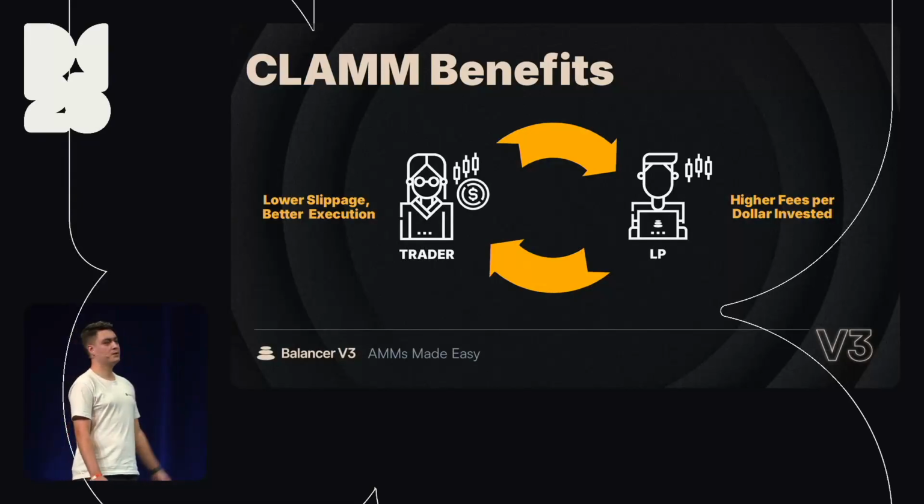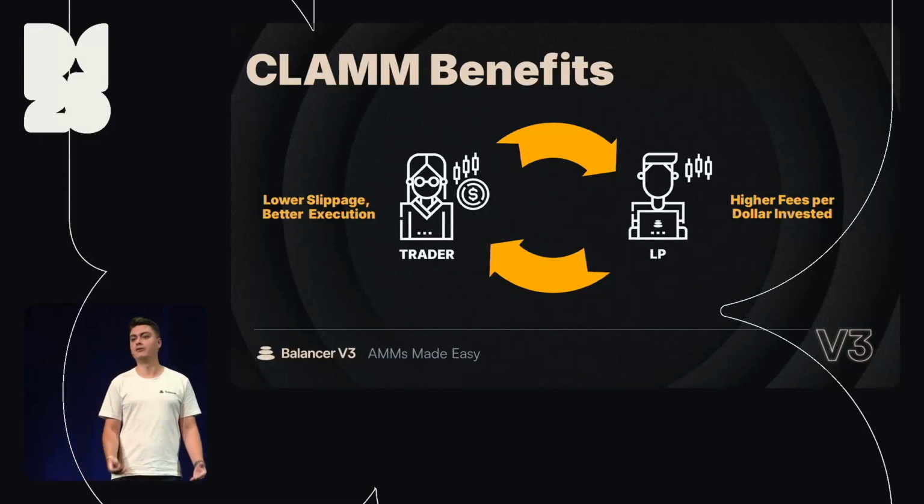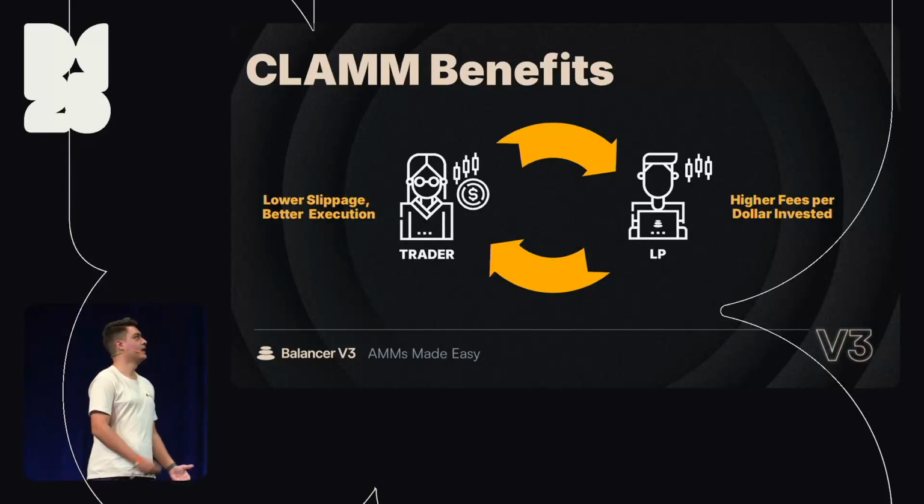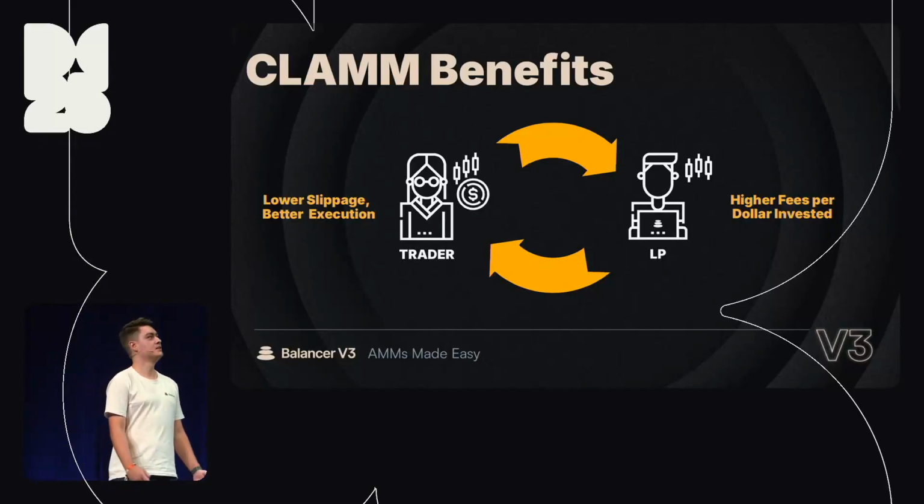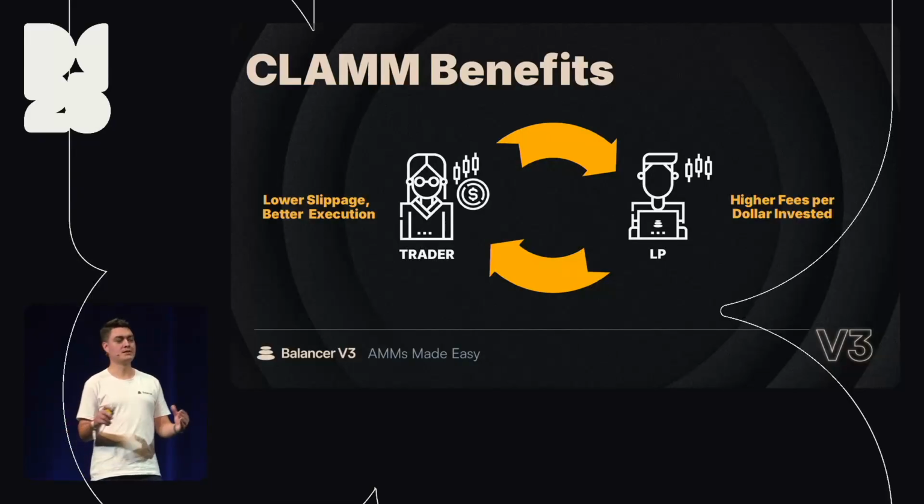So for the traders, because you now have liquidity concentrated, you have less slippage, you have a better execution price, and for the liquidity providers, you now can earn more fees per the dollar you invested, because you're concentrating your position within a price range.